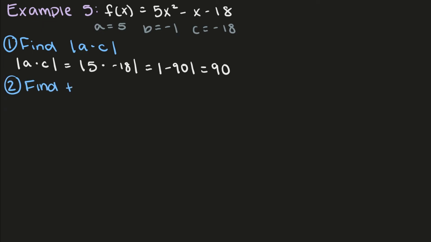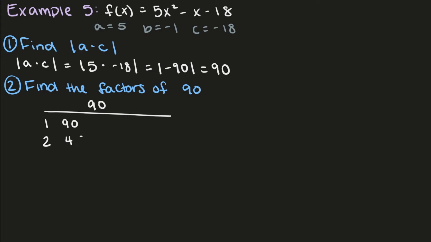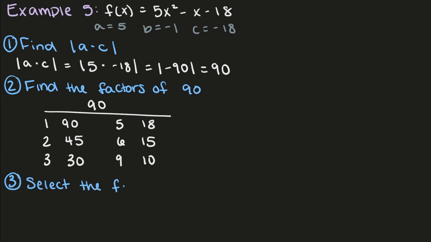Next, we'll find all the factors of 90. Like we just found, these are 1 and 90, 2 and 45, 3 and 30, 5 and 18, 6 and 15, and 9 and 10. Next, we'll select the factors of 90 that add to give us b.